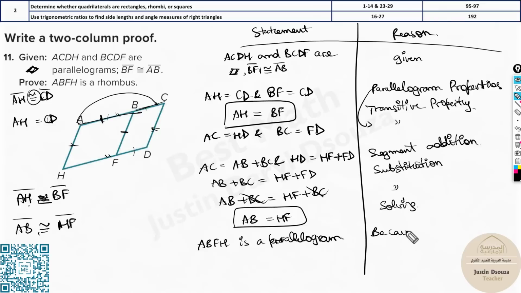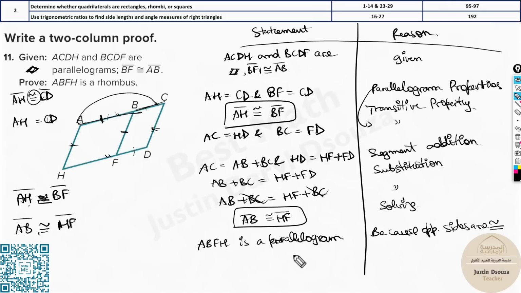Because opposite sides are equal to each other. Opposite sides are congruent. That is like this. Okay, now here you can just write this as line segment. That is also fine. You get the gist of it, right? When you write the line segment, they are congruent. If you're just writing this, you'd write equal to.